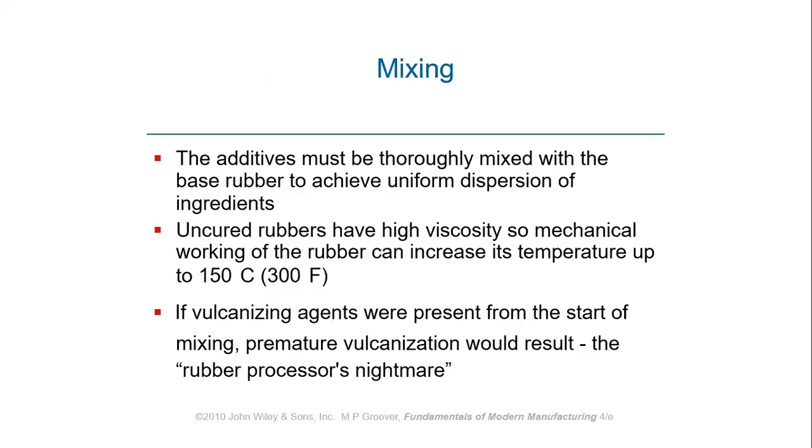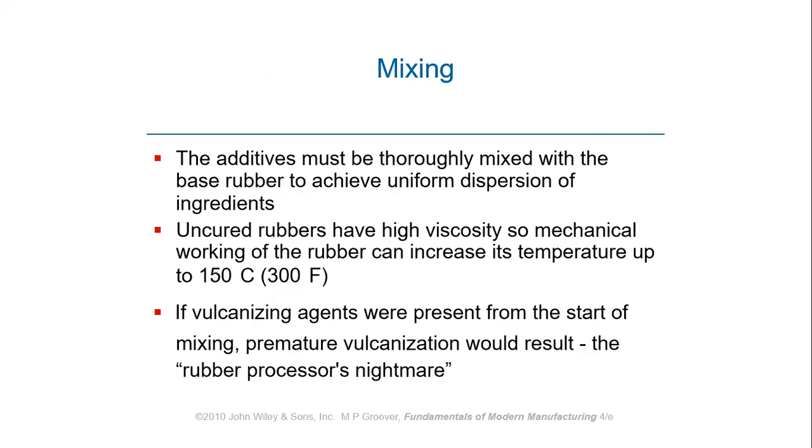The mixing: how do you mix those additives into the rubber? The additives must be thoroughly mixed with the base rubber to achieve uniform dispersion of ingredients. Otherwise, if there is no uniformity, then the material property will also not be uniform.